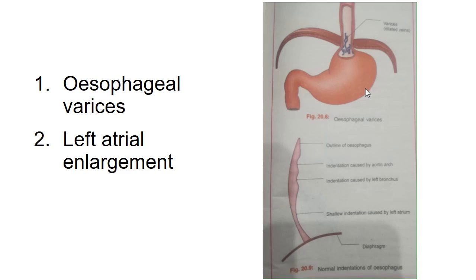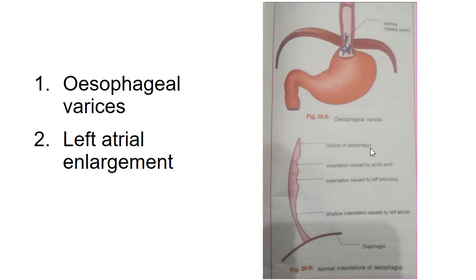The esophageal varices can be visualized radiographically by barium swallow. In barium swallow, they produce worm-like shadows. These are the esophageal varices. These are basically the dilatations of portal and systemic veins which are draining the lower end of the esophagus.